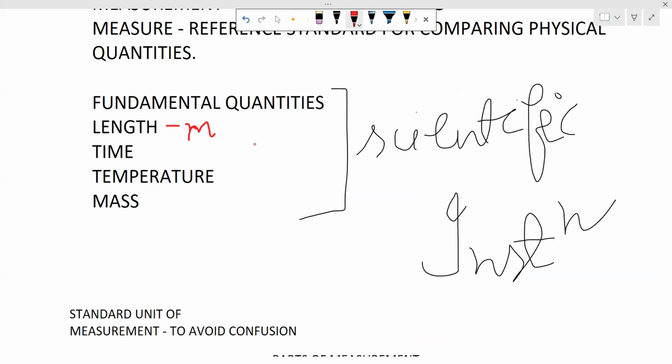Okay. तो हम लोग इसको इंटरनेशनल सिस्टम ऑफ यूनिट्स भी बोलते हैं.